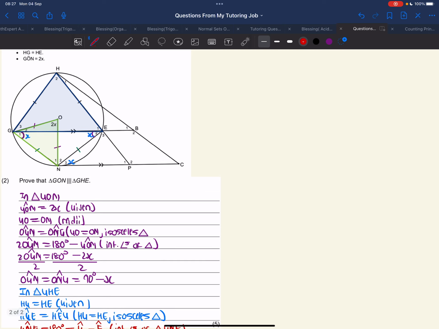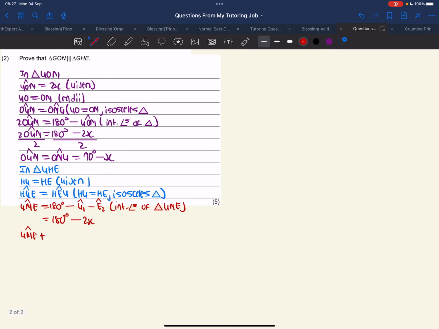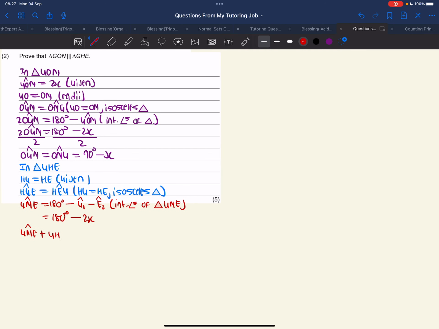Now to find the angle H2, angle GNE plus GHE must give me 180 degrees, and the reason for that is opposite interior angles of a cyclic quad.